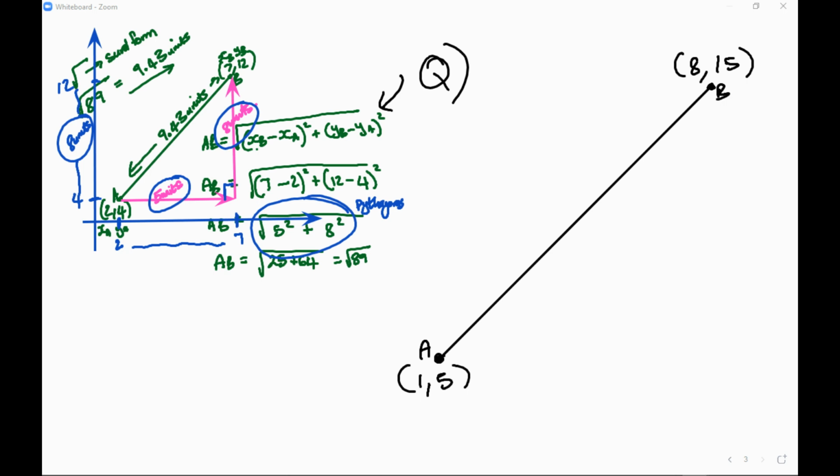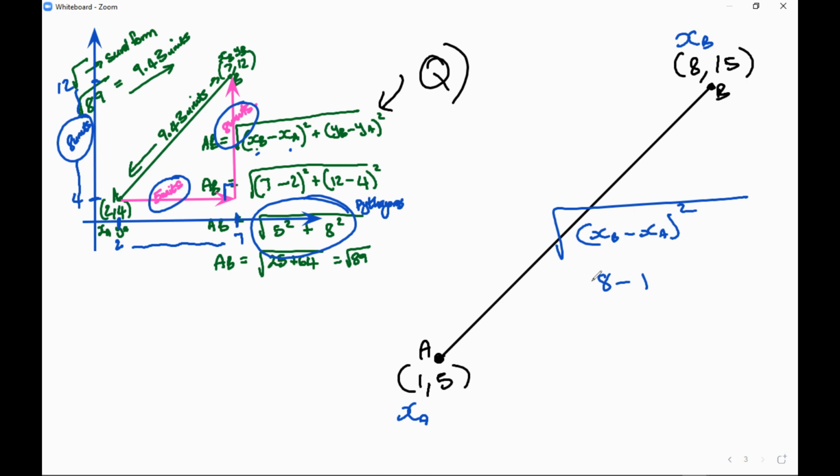Okay, cool. Let's go through this. So remember, we take xb minus xa, and we square it. This is xb, which is 8. X comes first. And this is xa, that's 1.